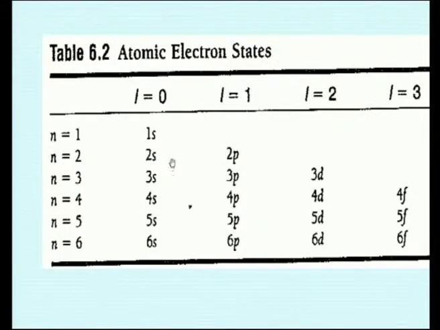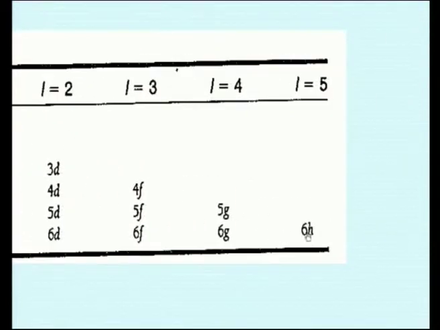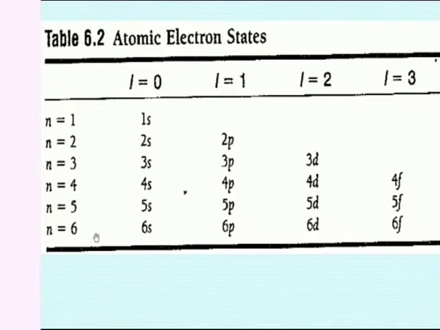In order to specify one particular state, for example the 2s state, the orbital quantum number is 0 and the principal quantum number is 2. In this table we have states from 1s to 6h. For the 6h state, the orbital quantum number is 5 and the principal quantum number n is 6.